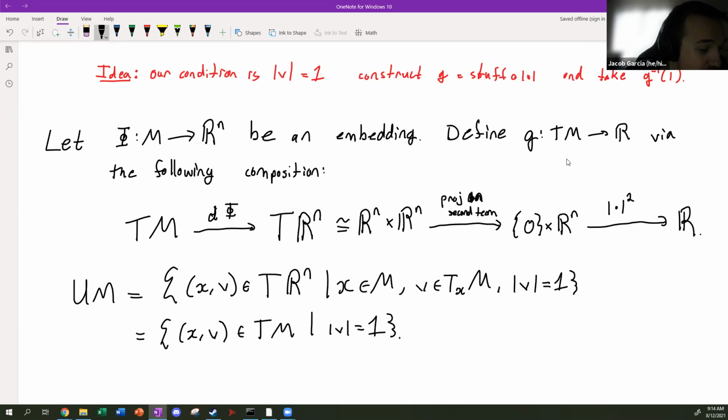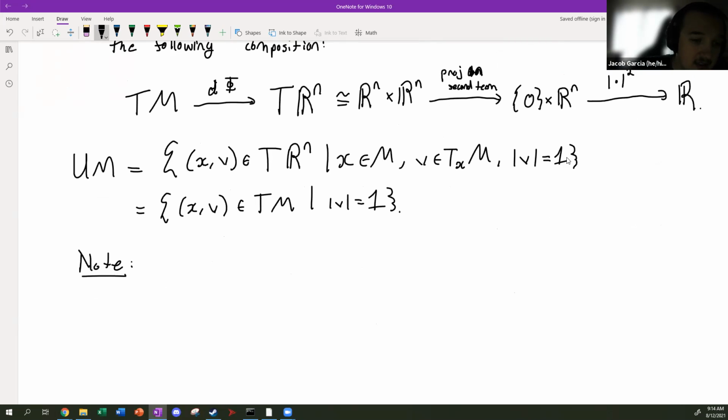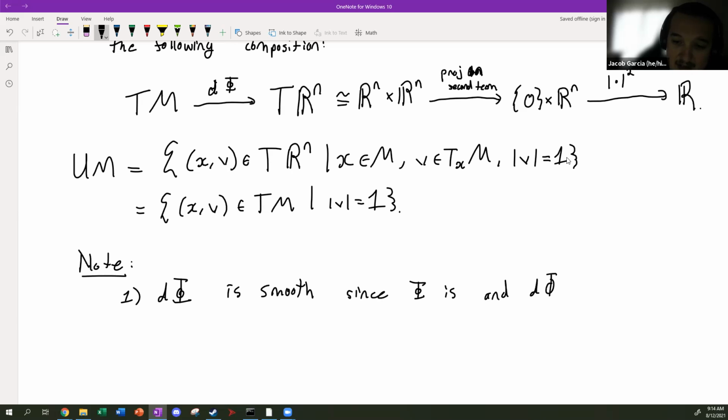Okay, so now we note some facts. The first is that phi is smooth, since phi is, and the differential of phi is injective, since phi is an embedding.